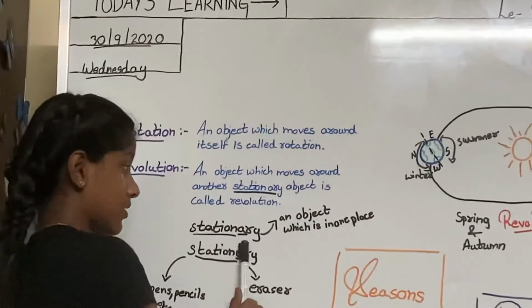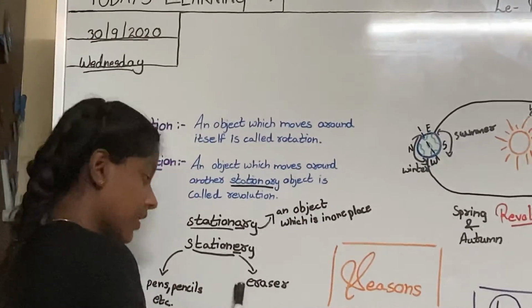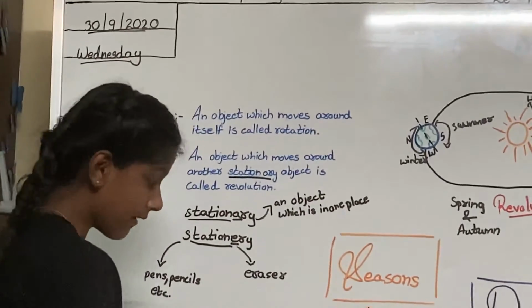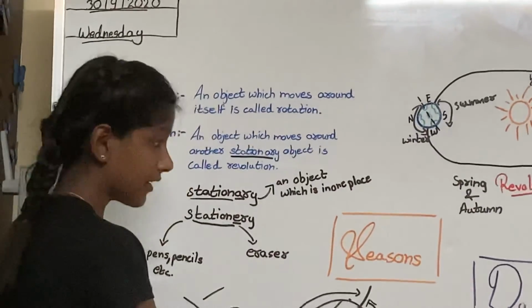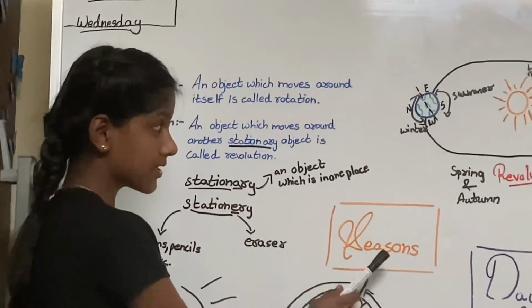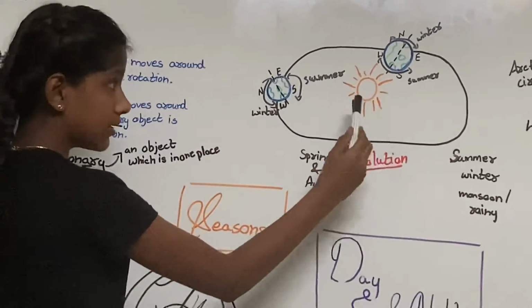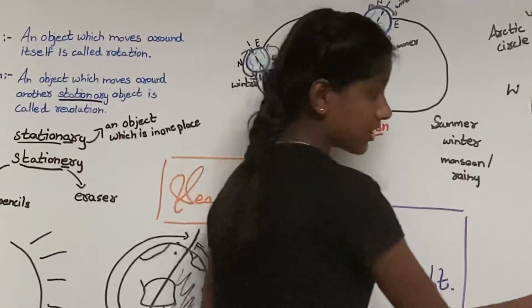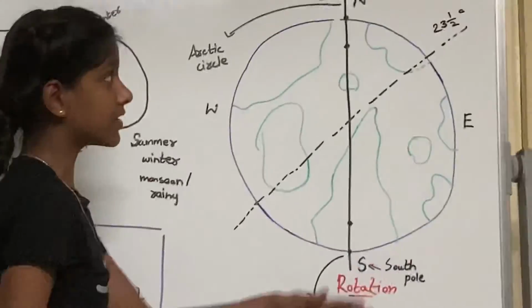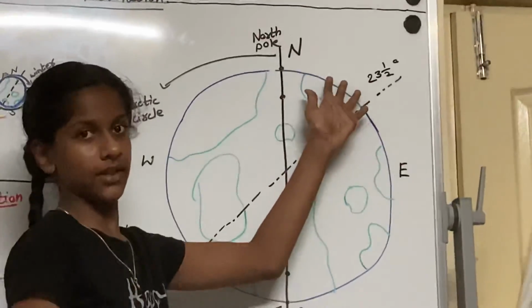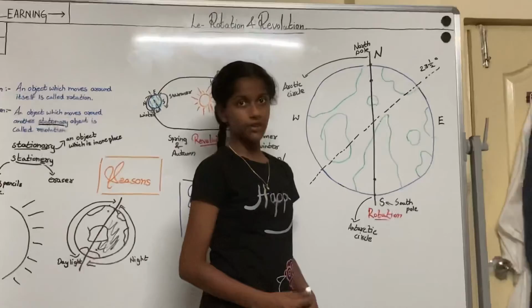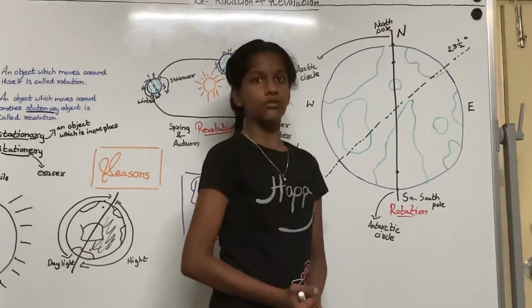What is the difference between this stationary and this stationary? We have seen day and night. We have seen seasons. We have seen the revolution of the earth. We have seen the rotation of the earth. We have seen the tilt of the earth's axis. Okay, thank you. Bye bye.